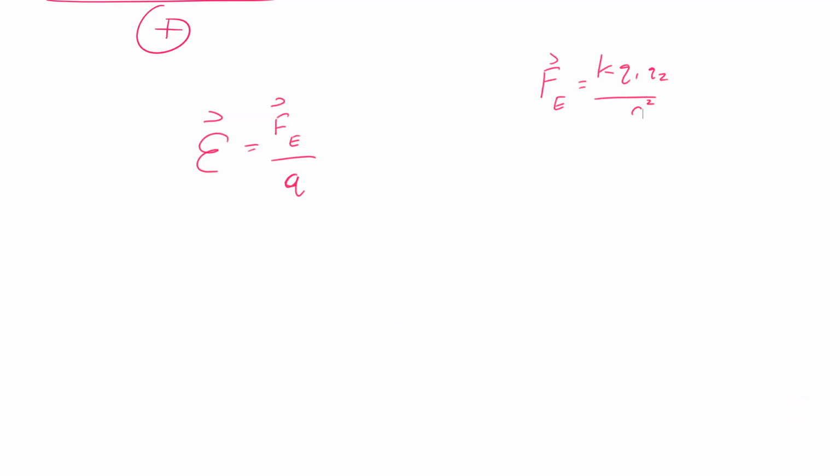So therefore we can take this and plug it into our equation. If we do that, we end up with k Q1 Q2 over R squared Q.